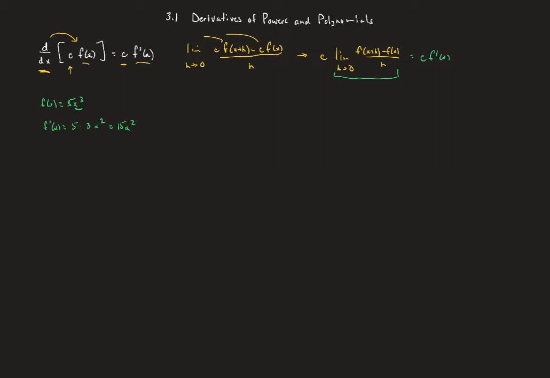Similarly, if we have, say, g of x equal to pi times x to the first, then its derivative, g prime, is going to be, the pi just hangs out. And remember, the derivative of x to the first is 1x to the 0. That is just 1, and so our derivative is just pi.